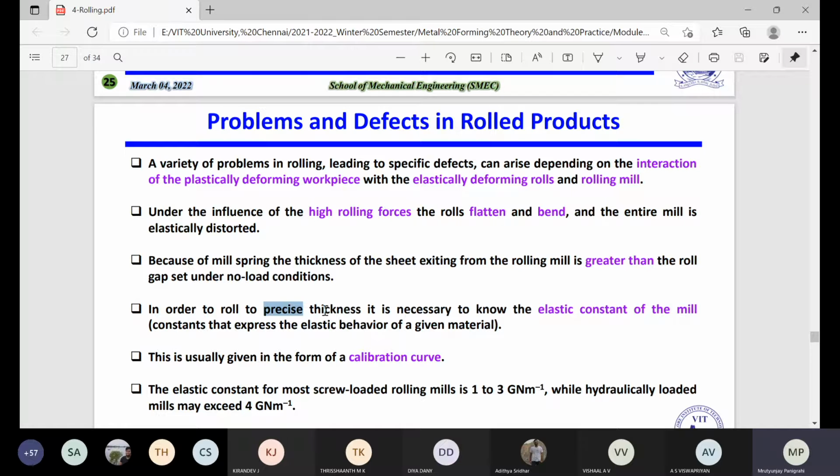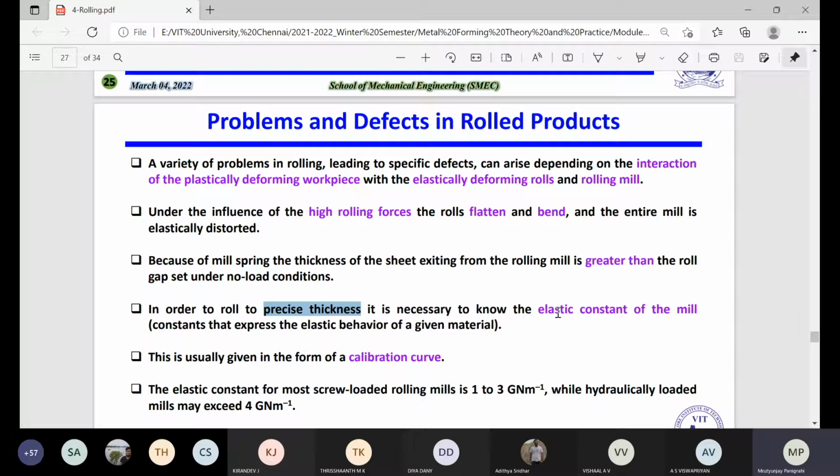I keep focusing on precise thickness, because you cannot simply put in some material and expect to get a plastically deformed slab or sheet of the right size. You have to think very precisely, because you have some width. If you do not take it precisely, then probably you will find some mistake somewhere.